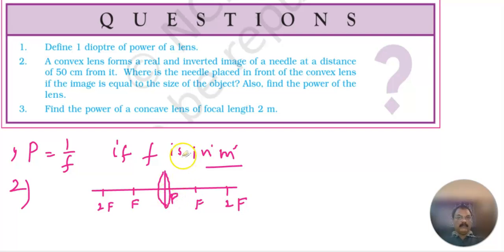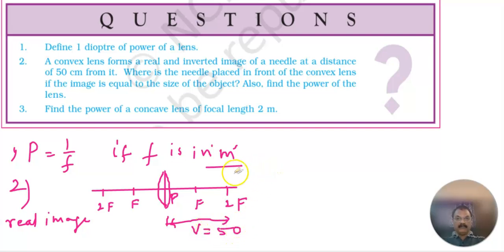Here it is given that the image is a real image. If it is a real image, that means it will form on the right side. The image is formed at 50 centimeters from the lens, so V is given as 50 centimeters.